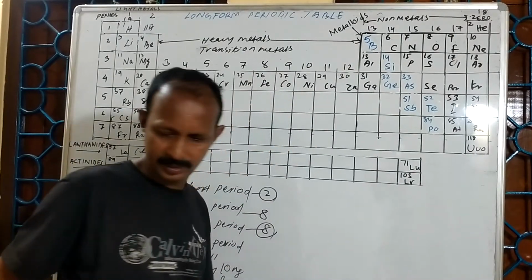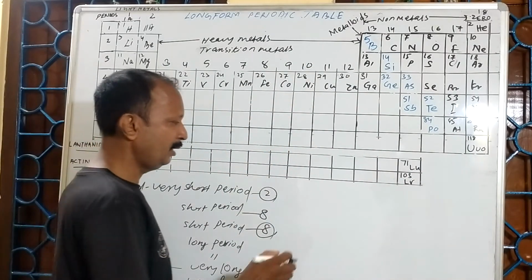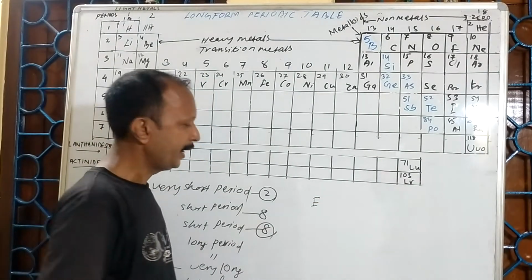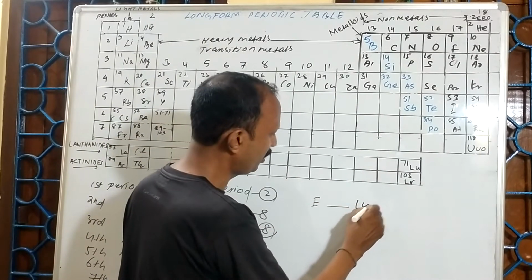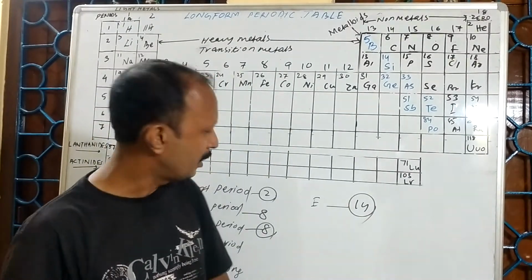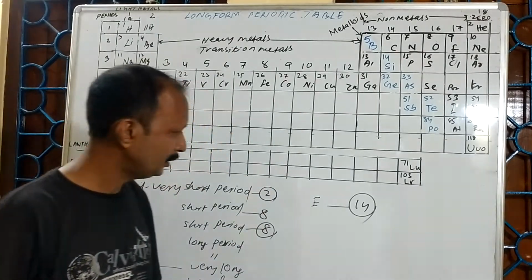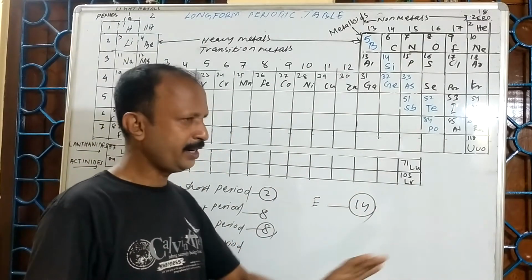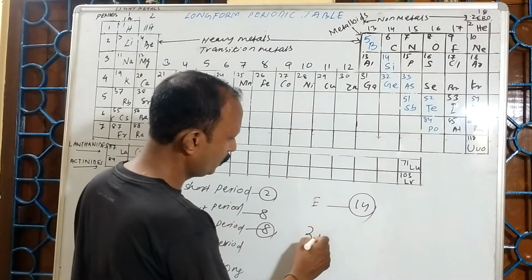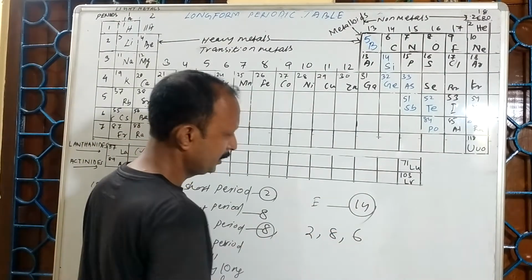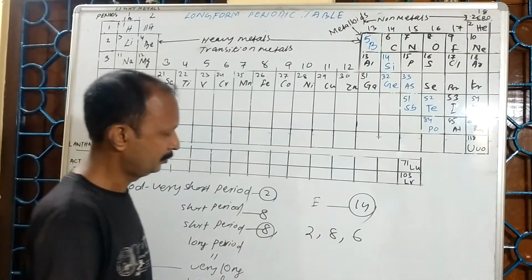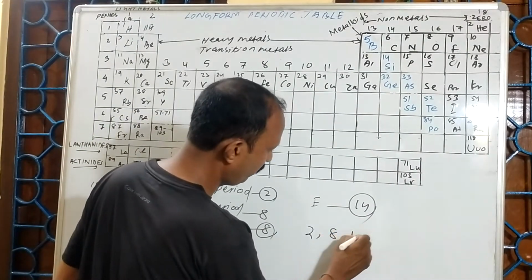Now you see that suppose one element is there. Its atomic number is 14. I am not telling which element has atomic number 14, already you know, silicon. So which period does it belong to? 2, 8, 4.